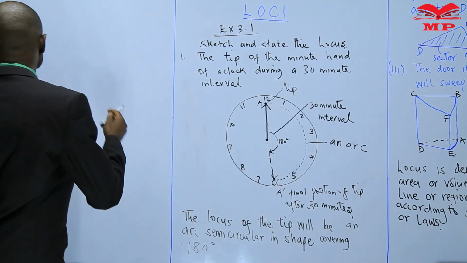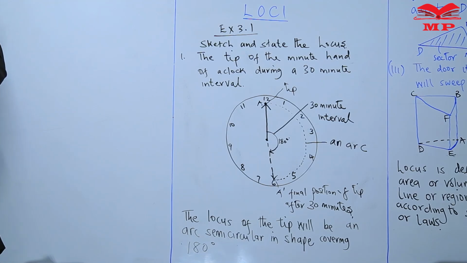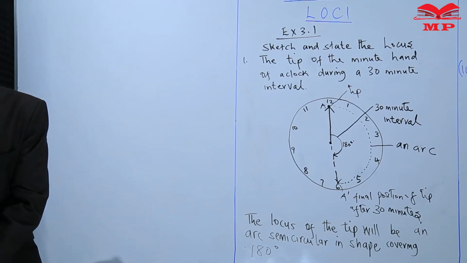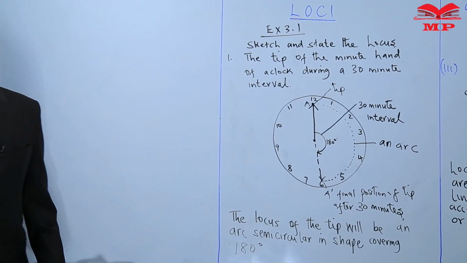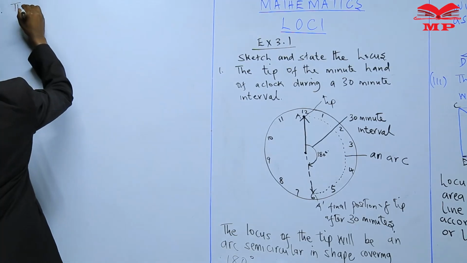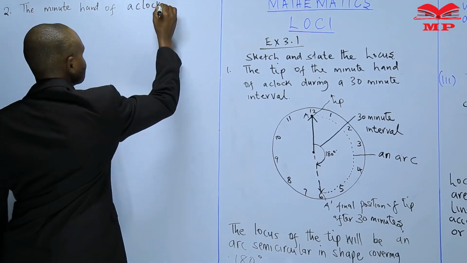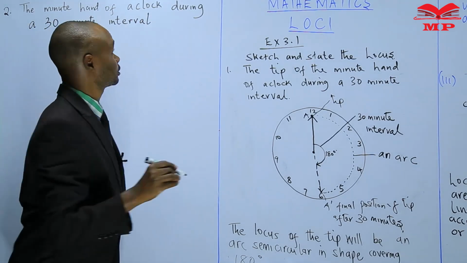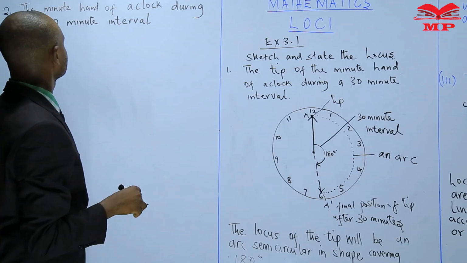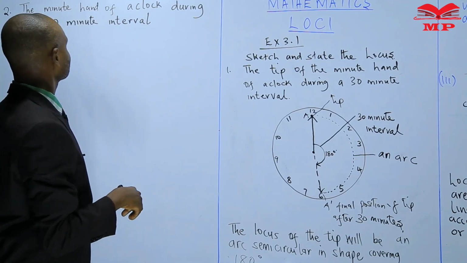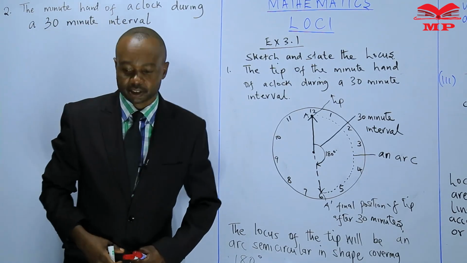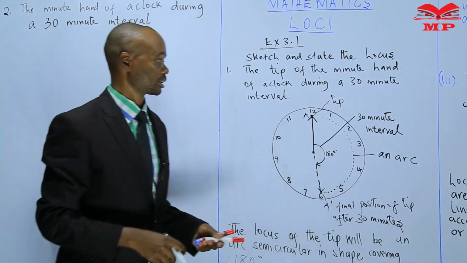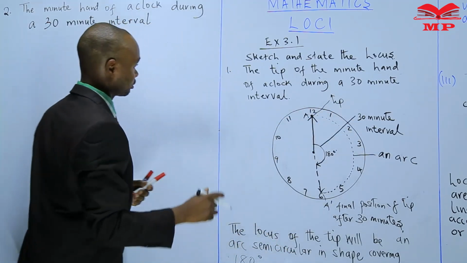So having done that, we shall also look at the next question, number 2 of the same exercise. Number 2, where you are told to state and sketch the locus of the minute hand of a clock during a 30-minute interval. Because they have told us to sketch, we must draw the sketch of the clock face.